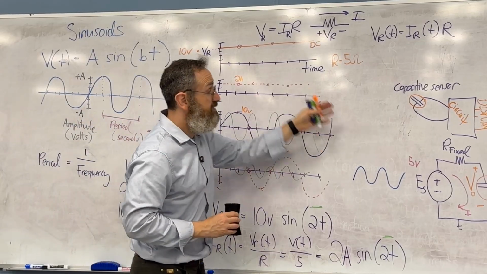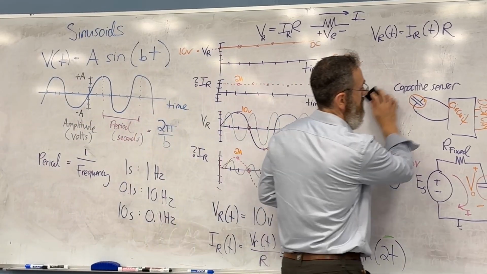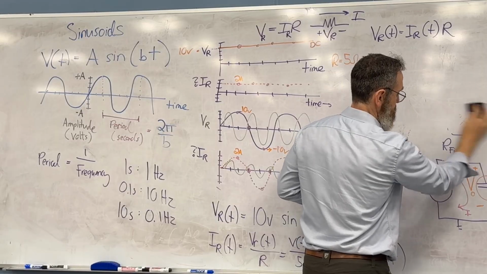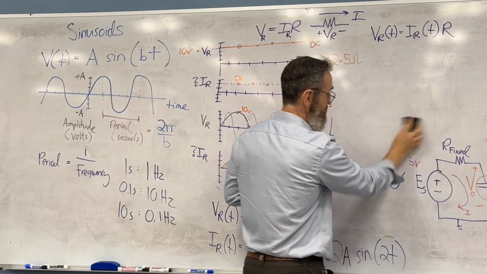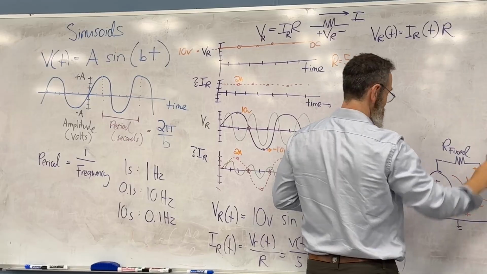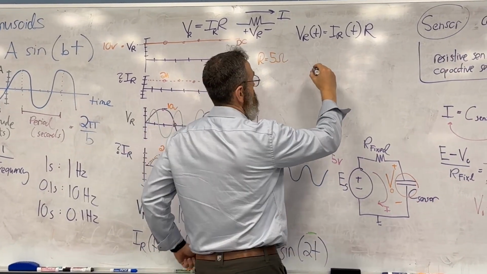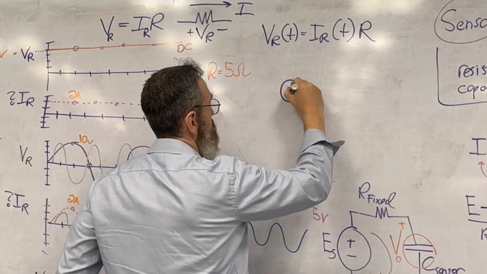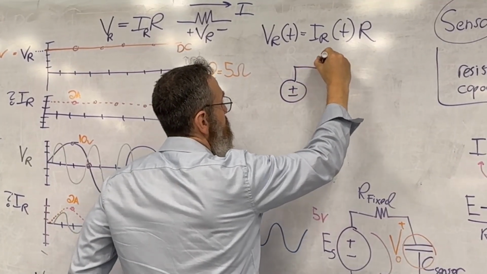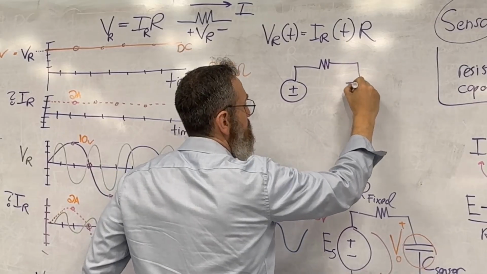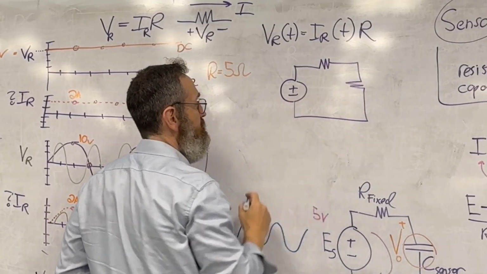Let's do another example. Let's try to avoid erasing things in case I go back to them. Here's another example from circuits. I have a circuit.